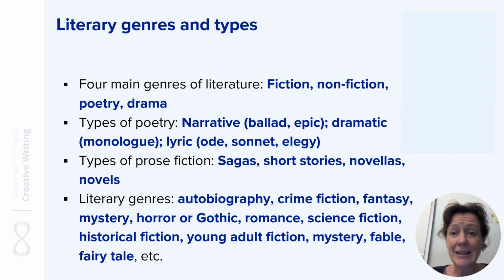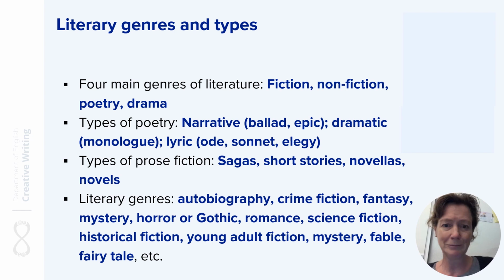And finally, there's lyric poetry, which is often quite musical and quite emotional. It has song-like qualities quite often. And that includes things like the ode or the sonnet, which has quite a specific form, 14 lines and a specific rhyme scheme, or the elegy, which is a poem of mourning written when somebody dies.